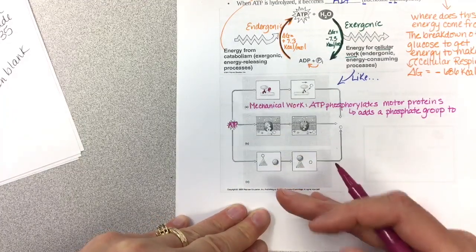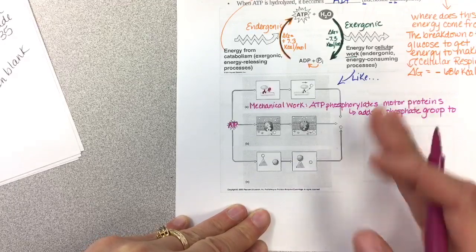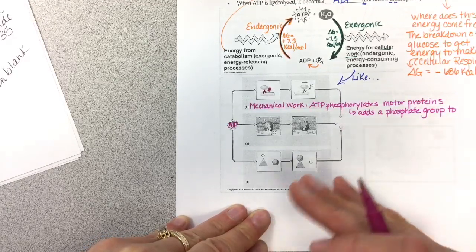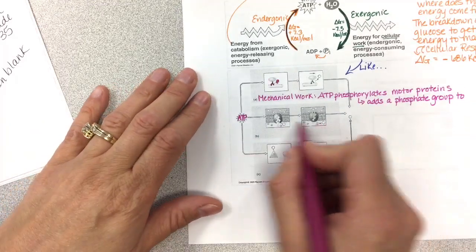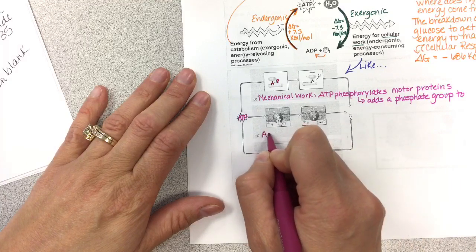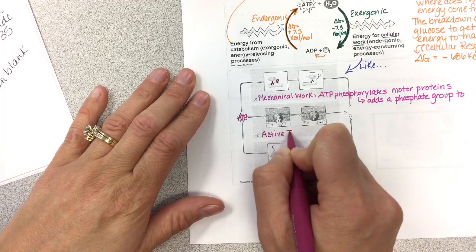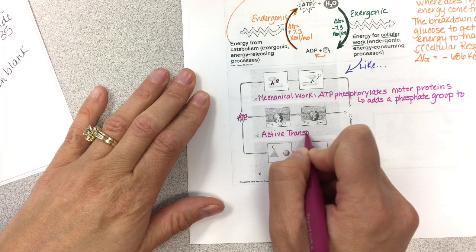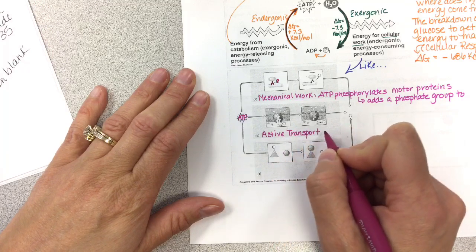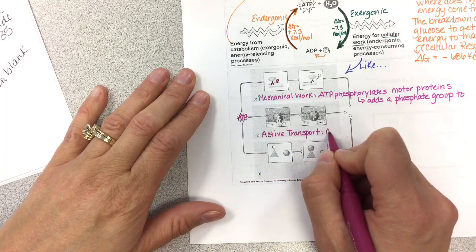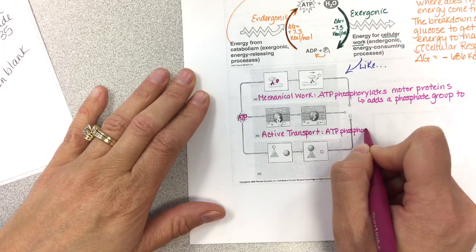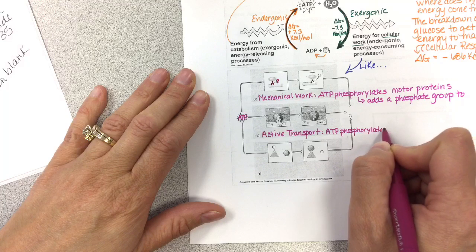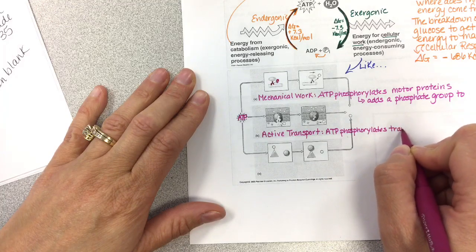We're going to see that the way ATP works is phosphorylating molecules. In that process of phosphorylation and dephosphorylation, taking the phosphate group off, it causes work to happen. So this right here should look awfully familiar. This is active transport, and so ATP phosphorylates transport proteins.